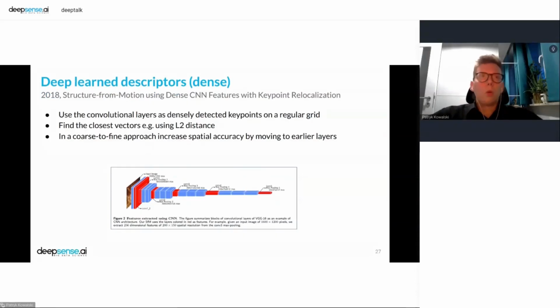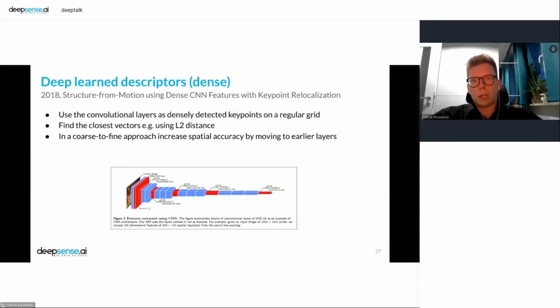Okay, so we are at deep learned descriptors, the dense deep learned descriptors. Those are neat because dense pixelized features naturally emerge from CNNs. We understand the convolution layers, and that a convolution layer can serve as a descriptor of the image. So that's the basic idea.